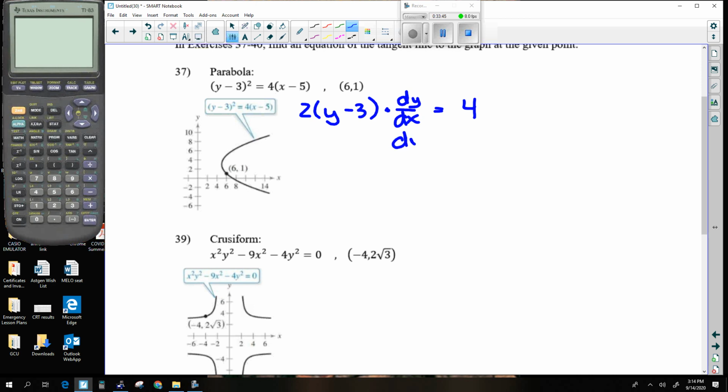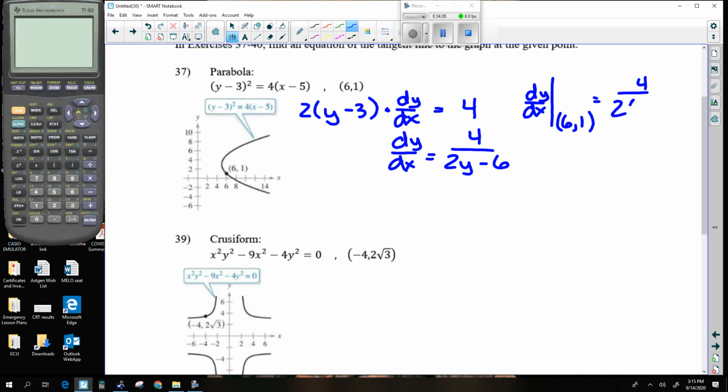So dy dx is going to be equal to 4 over 2y minus 6. I'll just write it like that. And then they wanted it at 6, 1. So dy dx at 6, 1 is 4 over 2 times 1 minus 6. This is 4 over negative 4, which is negative 1.